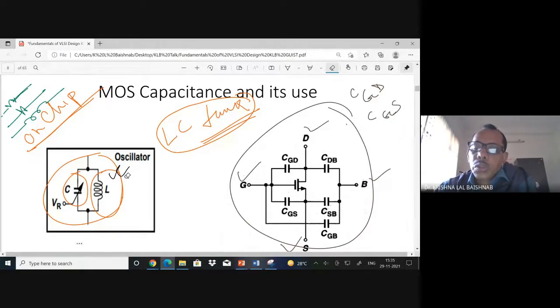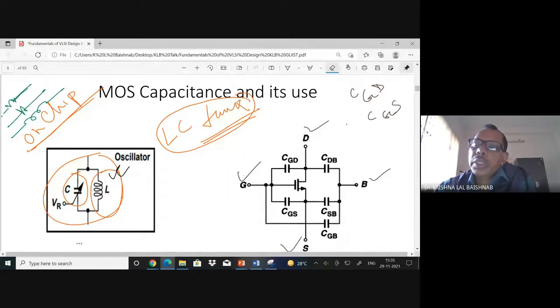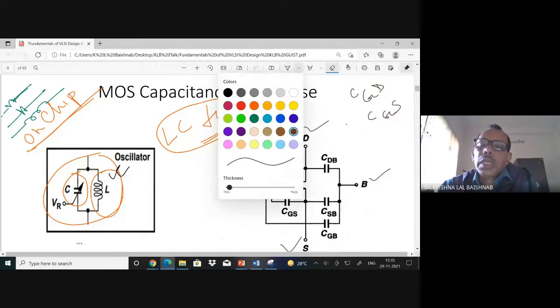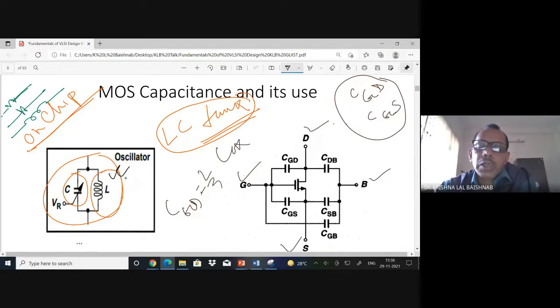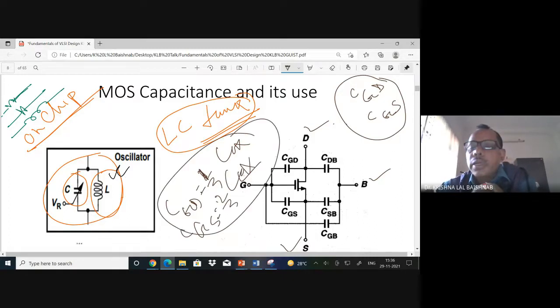These are basically linear in nature, because all of you know CGD is maybe 2 by 3 of COX, maybe 1 by 3 in particular regions, and CGS maybe 1 by 2 by 3 of COX. These are completely linear in nature.